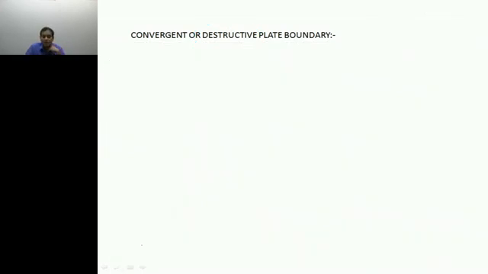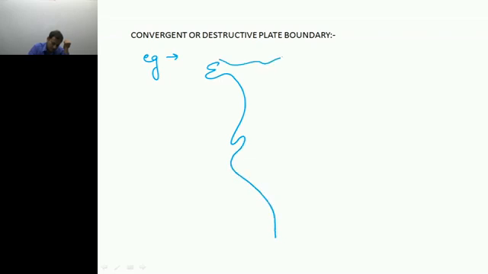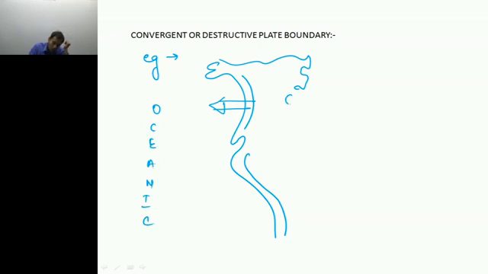So for the convergent or destructive plate boundary, what are the examples? Examples are first the Rockies or the Andes mountain system of South America. See, these mountains are due to the convergence of the Pacific plate, Nazca plate, and Cocos plate, and as a result of this, you see one plate is an oceanic plate, while one plate is a continental plate.